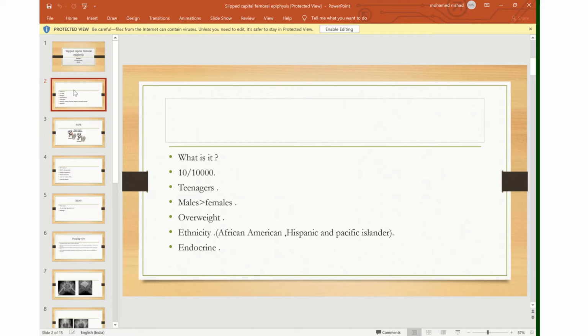It is the posterior and medial displacement of the femoral epiphysis with respect to the metaphysis. The femoral epiphysis will still be located within the acetabulum, but there will be relative slippage of the epiphysis with respect to the metaphysis.